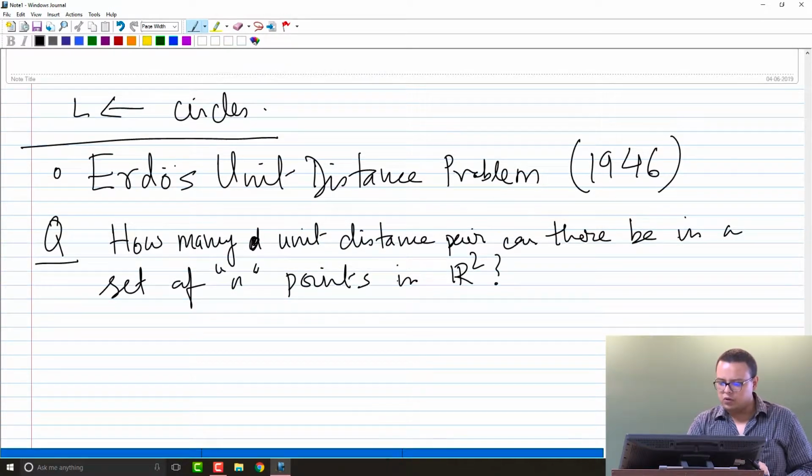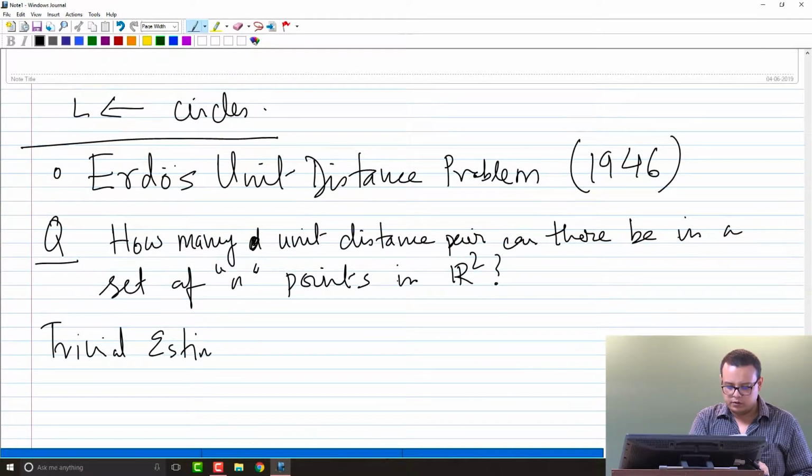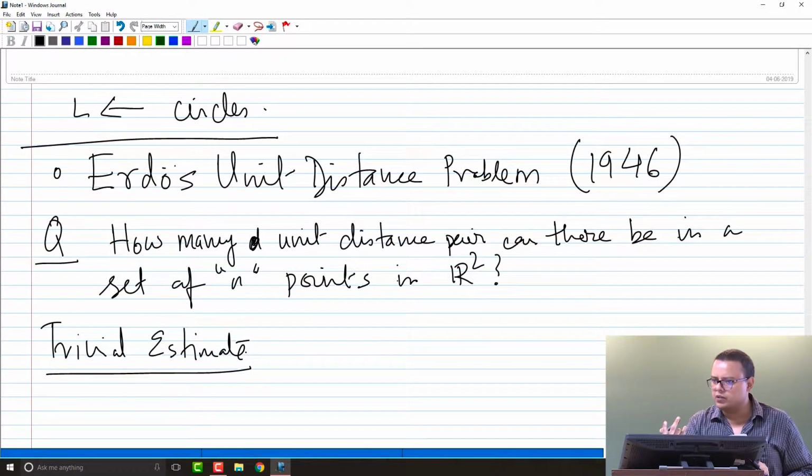So in terms of trivial estimate, how many can there be? If all the pairs are unit distance, or any 2 points are unit distance from each other, then it should be n choose 2.